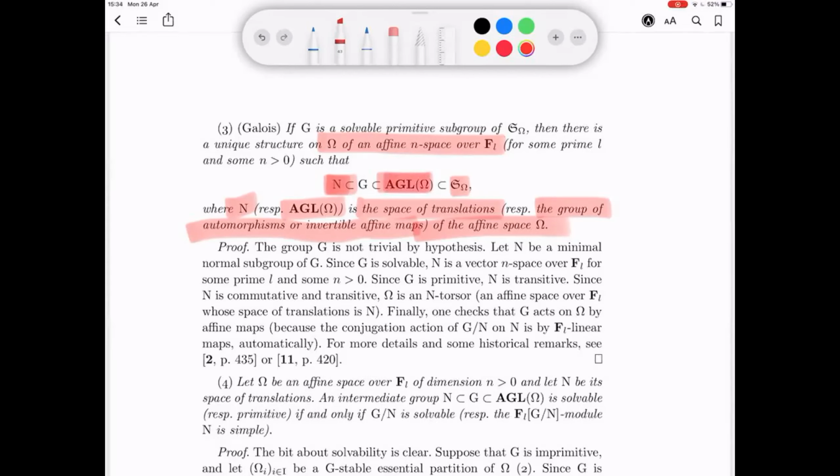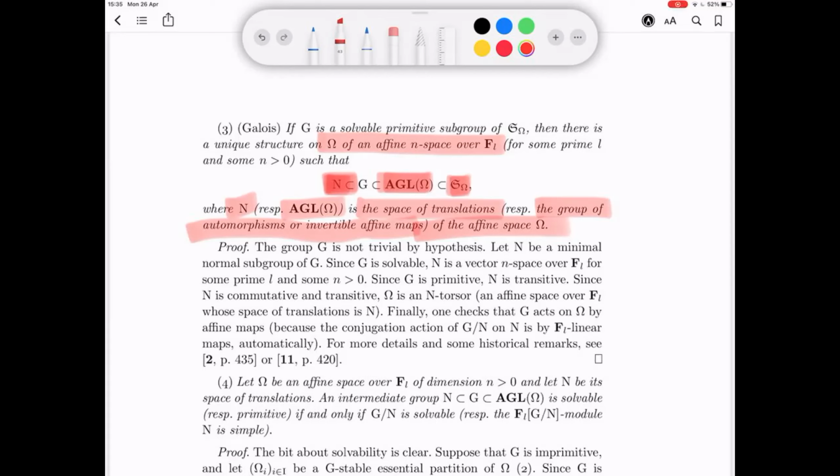So AGL omega is the subgroup of S omega generated by N and GL of omega. What is GL of omega? For that you have to be a vector space to talk about the GL. If I choose an element of omega, I get an isomorphism with its space of translations, but that space of translations is a vector space. So I can talk about the GL of that vector space, and that is what is meant.